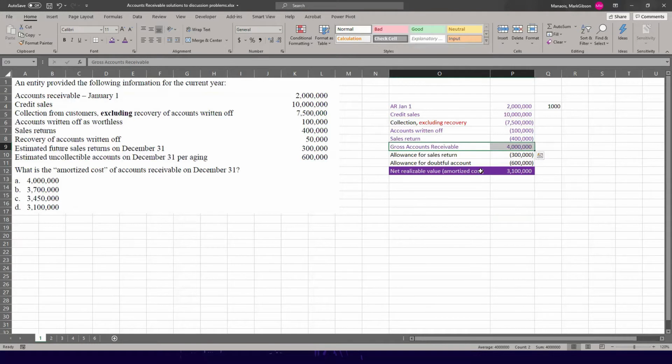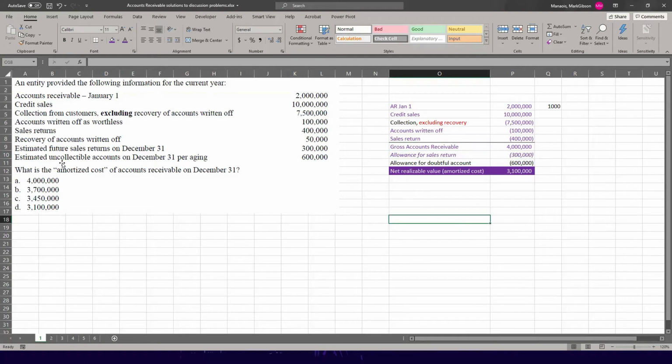So be careful ha. Kasi tignan mo, kung ang question type is multiple choice, nakita mo na si 4 million, baka na-excite ka, binulugan mo na. Tandaan, amortized cost, this is the net realizable value. Okay, so estimated future sales returns or simply allowance for sales returns of 300,000 pesos.